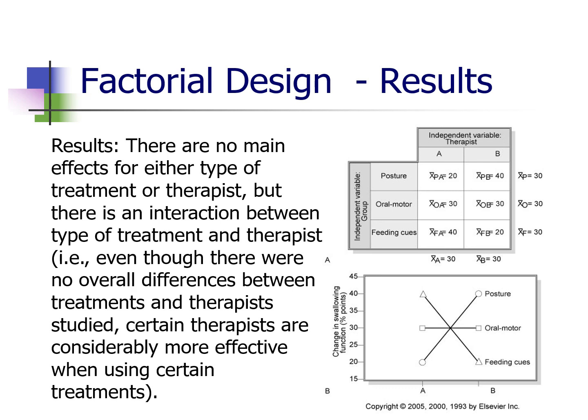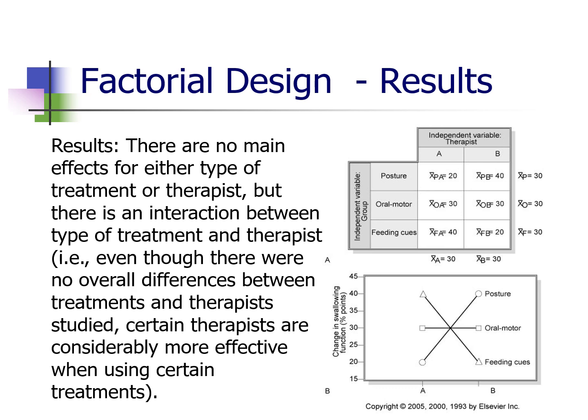However, on this slide, we note that there is an interaction between the type of treatment and the type of therapist. What that means is that even though there were no overall differences between treatment and therapist studied, certain therapists were considerably more effective when using certain types of treatments. We can probably see that best on the graph below.